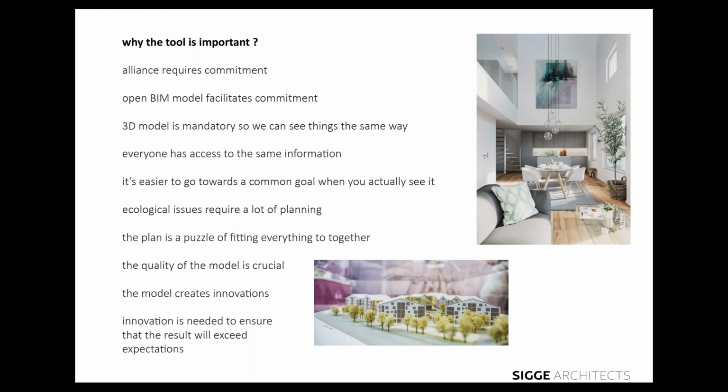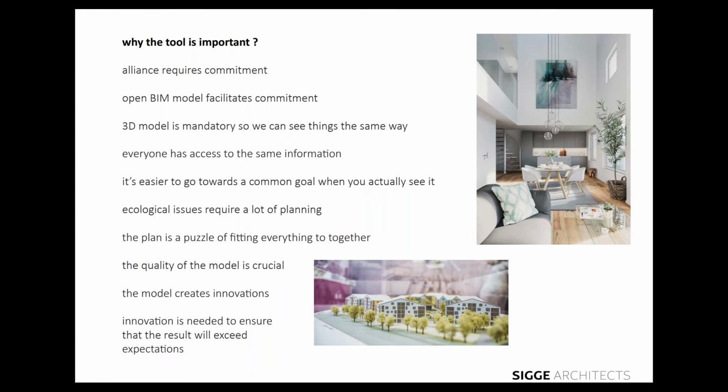A 3D model is mandatory so we can see things the same way. It is very important that everyone has access to the same information, and the combined model collects the information together. And of course, sometimes it's easier to go towards a common goal when you actually see it.